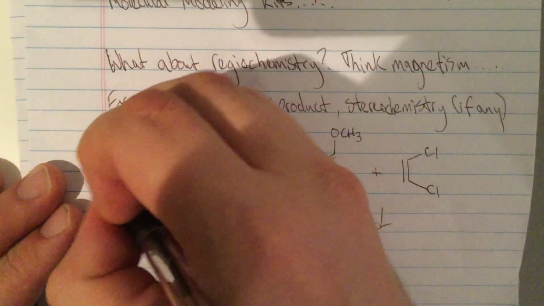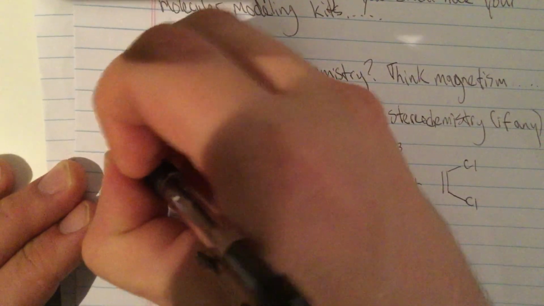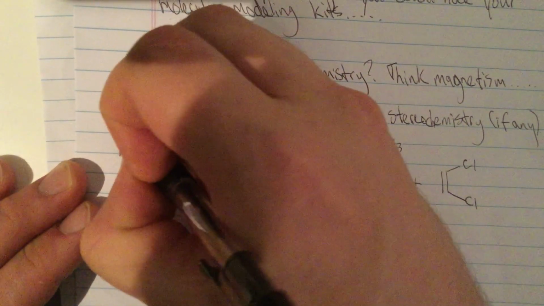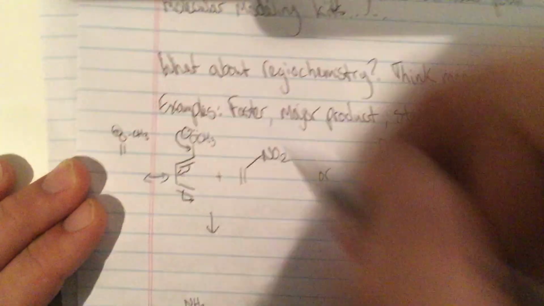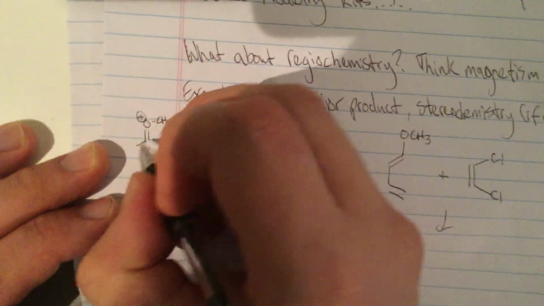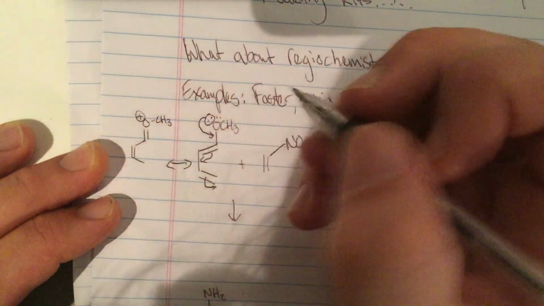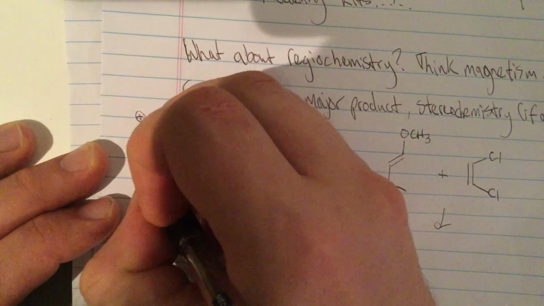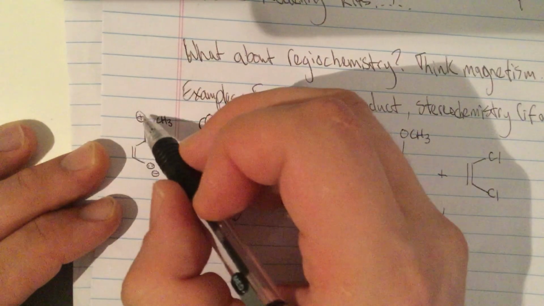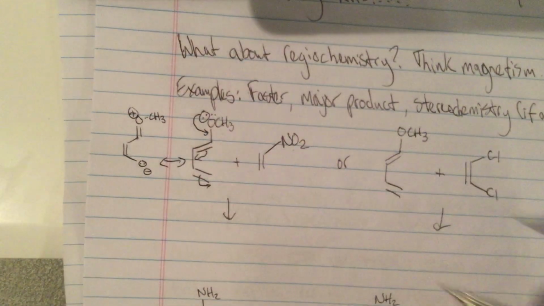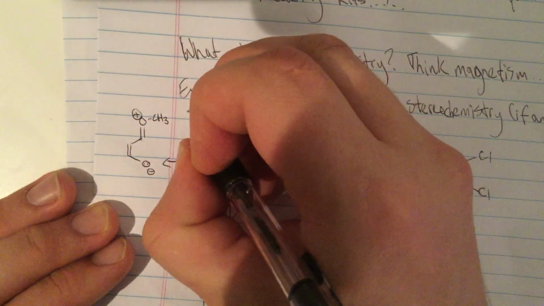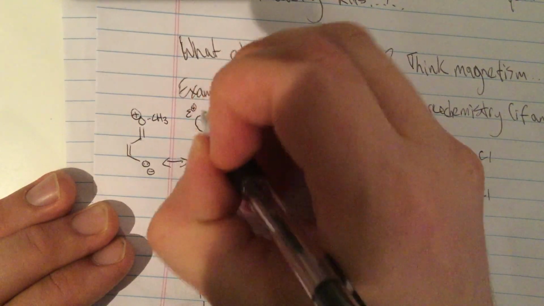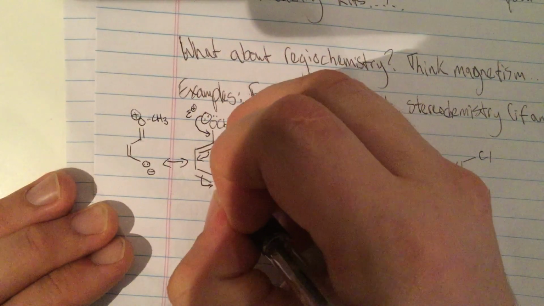You're going to resonate between that and some charge distributed form. So positive, negative. In other words, you can think of this as partial positive, partial negative.